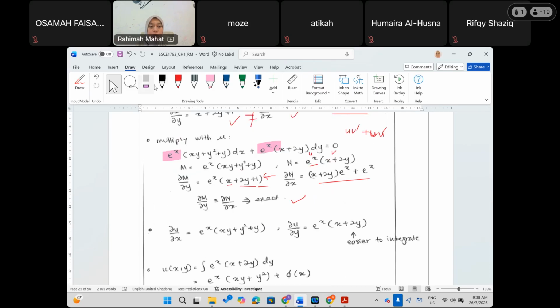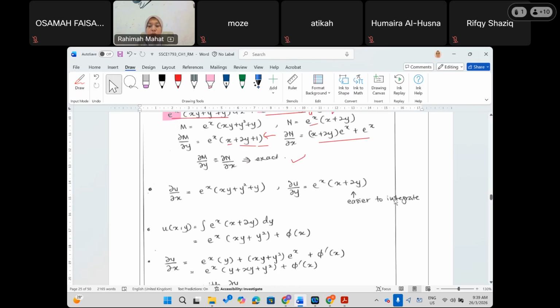Okay, so from here, for the exact equation, this one is your delta u over delta x, and this is delta u over delta y. If you compare here, we can see that delta u over delta y is easier to integrate. So you can choose either the left-hand side or the right-hand side, but we choose the second, delta u over delta y, because it is easier to do the integration.